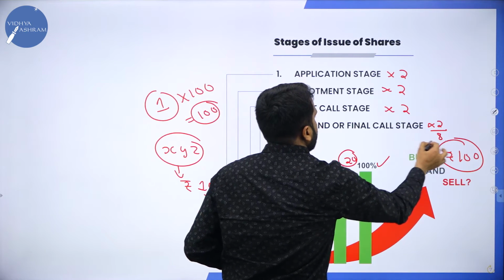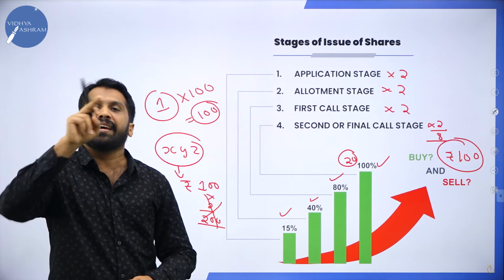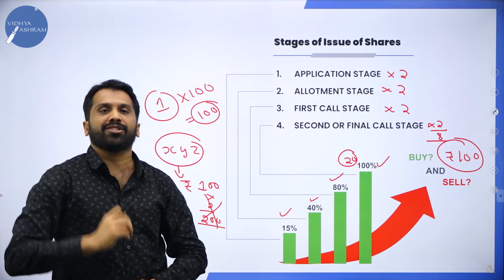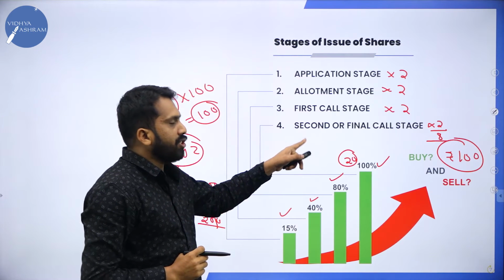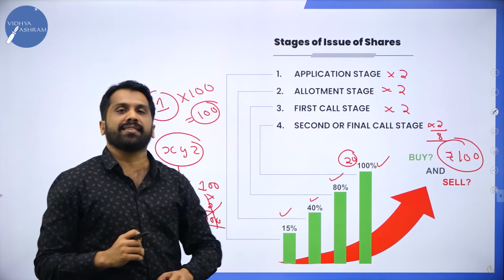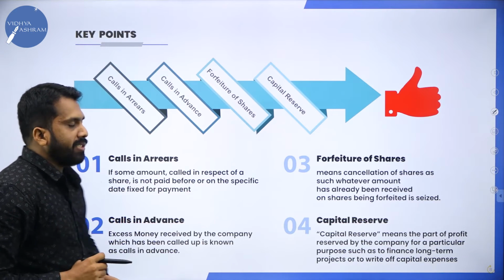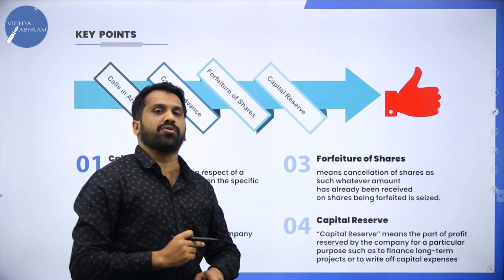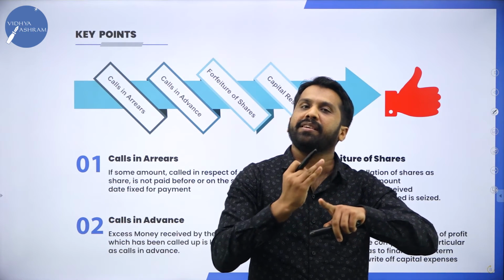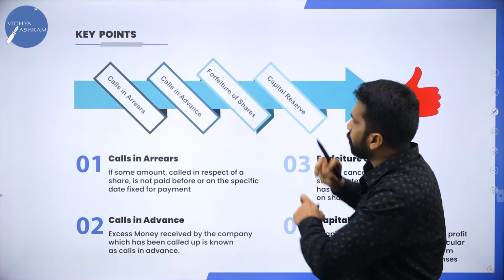How many journal entries do you have? In total you have to learn 8 journal entries in case of issue of shares. The explanation will be done in your next session while doing journal entries. These things come for 1 or 2 marks. You just have to learn the concept or meaning of these points.